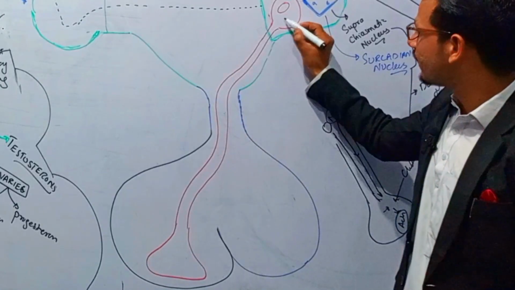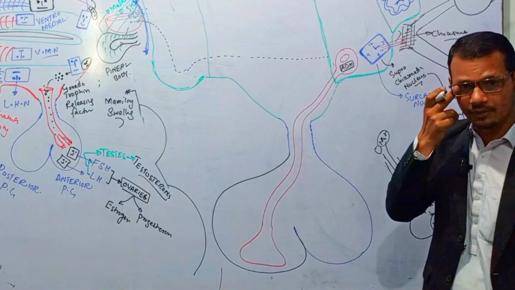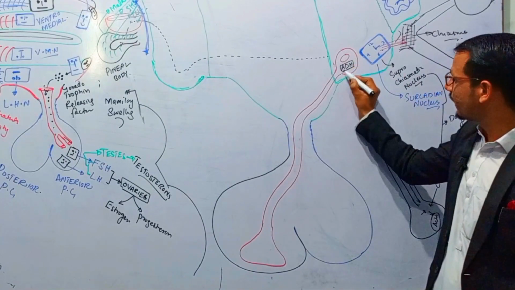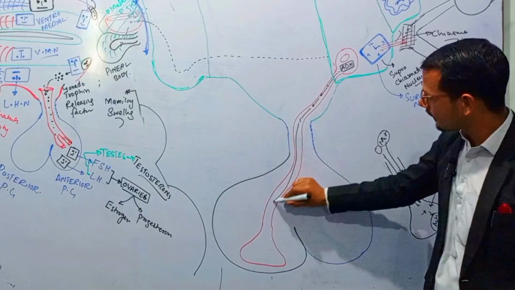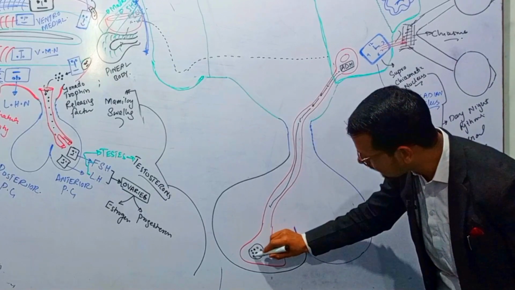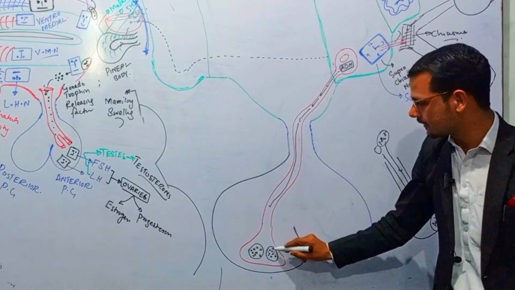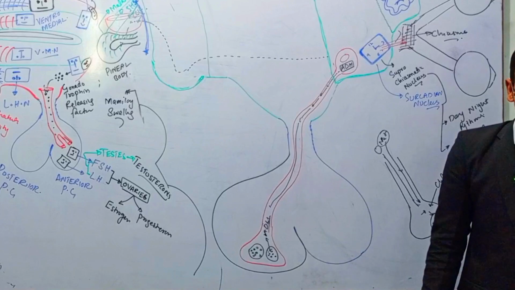Here the ADH, antidiuretic hormone, is produced in cell bodies and comes into these axons and is stored in vesicles. These are terminal vesicles. These are ADH stored in vesicles, right?